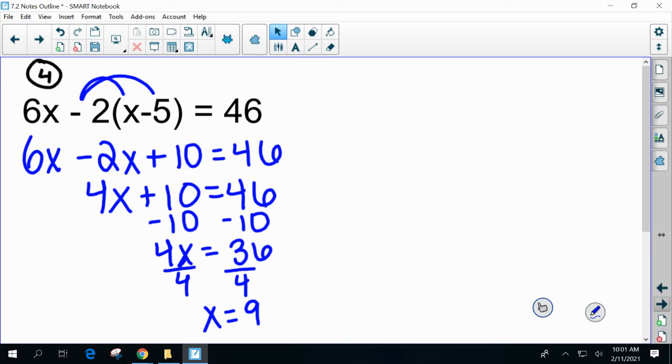I got, for 3, I got 4, and for 4, I got 2.75. Did you distribute a negative 2? Did you distribute a negative 2 up here? I did 2x, and I get 10.